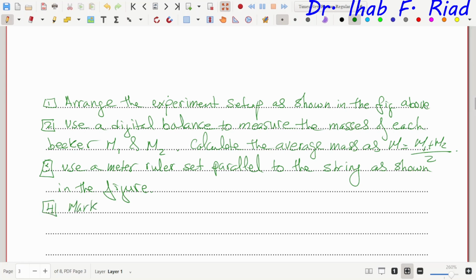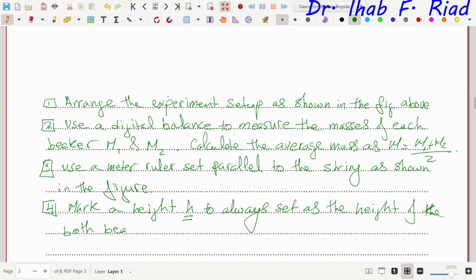Mark a height h to always set as the height of both beakers, as shown in the figure.